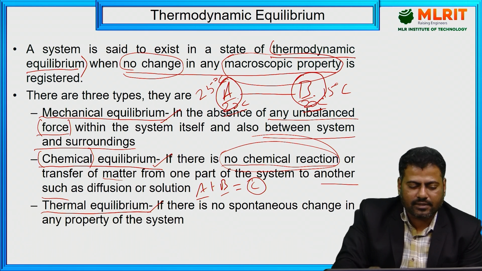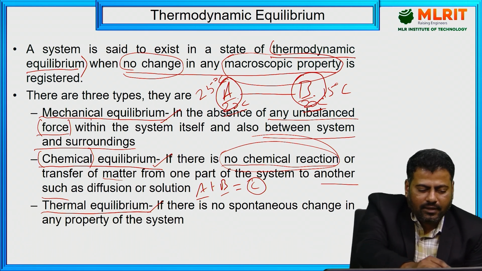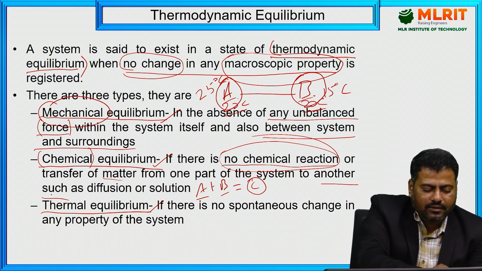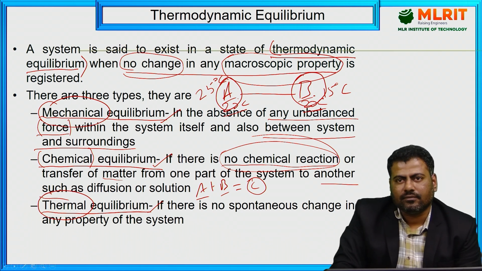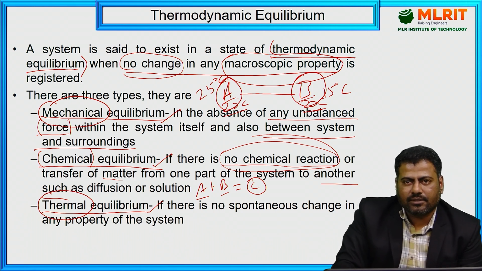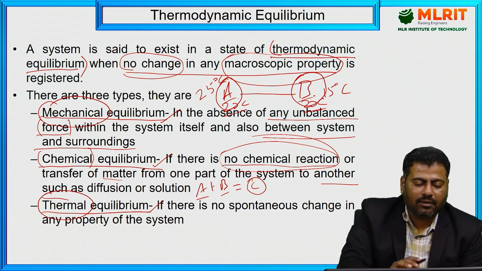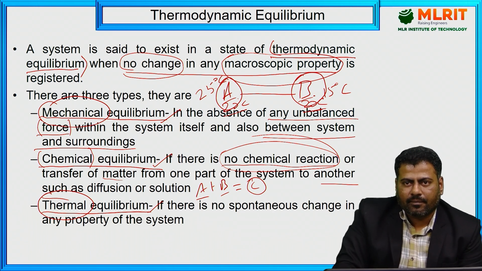Physical equilibrium means mainly we need to focus on mechanical equilibrium as well as thermal equilibrium. As per your syllabus, we mainly have mechanical as well as thermal equilibrium as the thermodynamic equilibrium. Got it? For chemical engineering purposes, we require chemical equilibrium also.